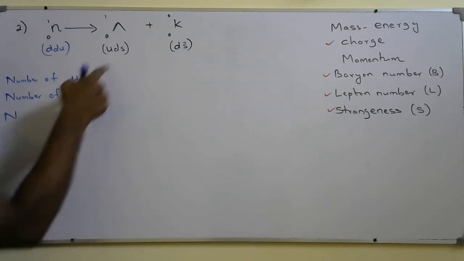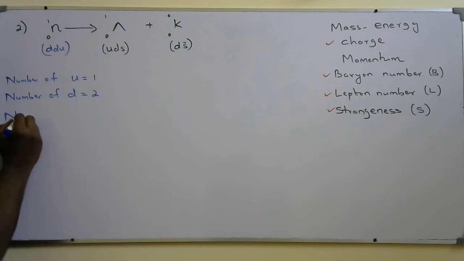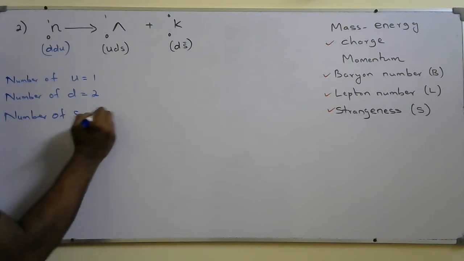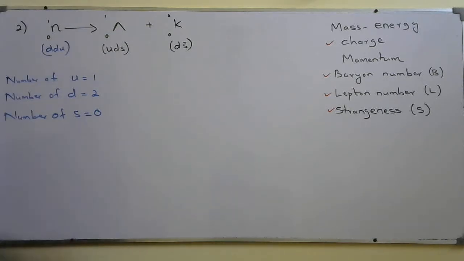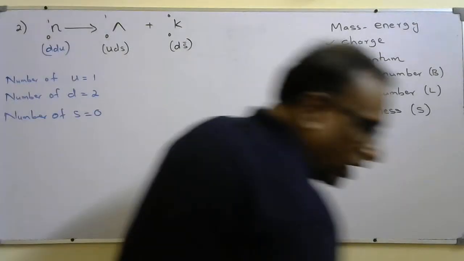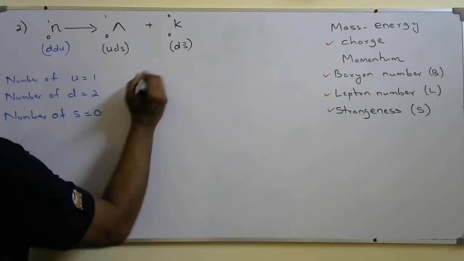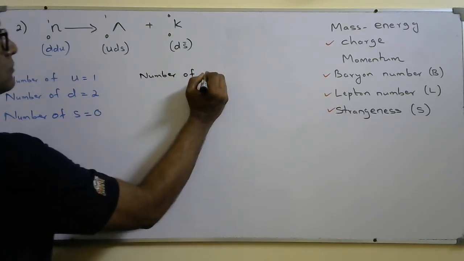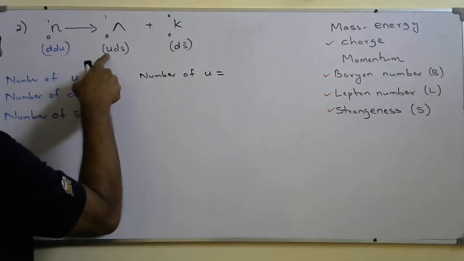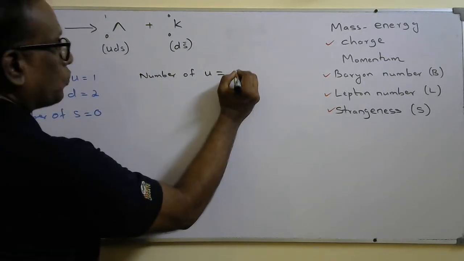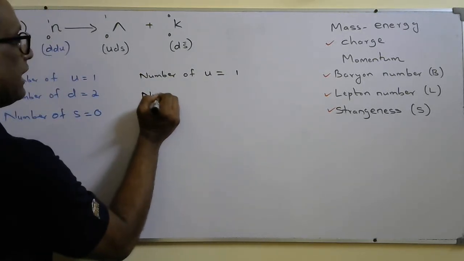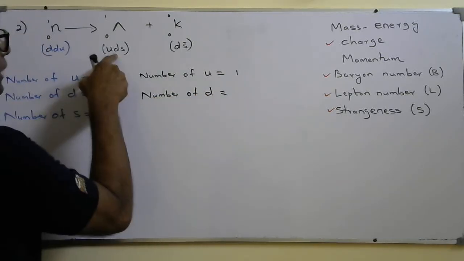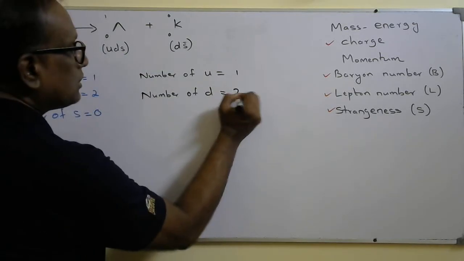Number of S quarks, 0. There is no S quark before interaction. We'll check for after interaction. Number of U, 1. Number of D, 2.